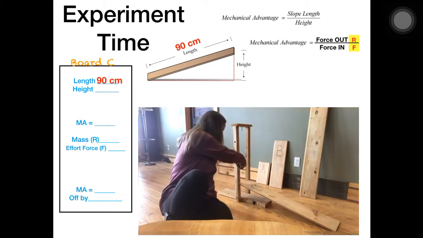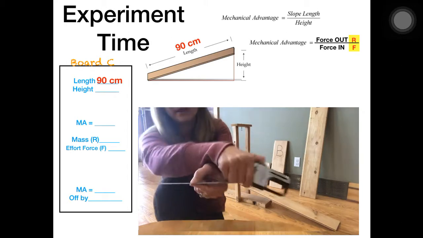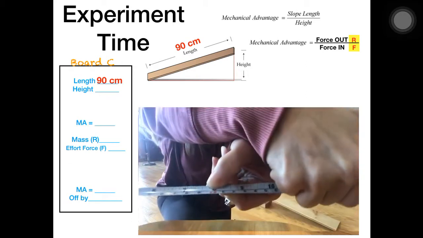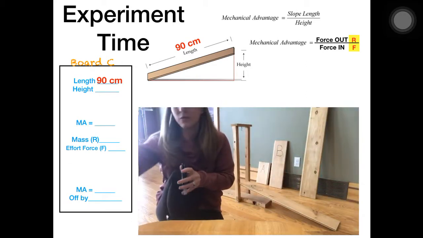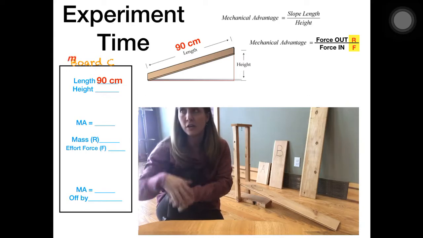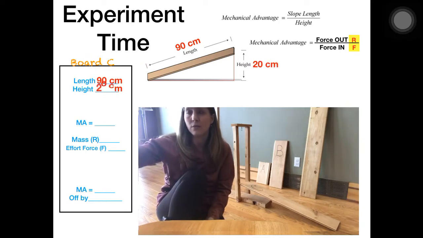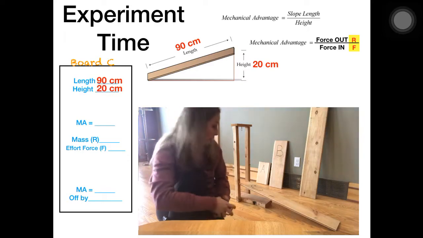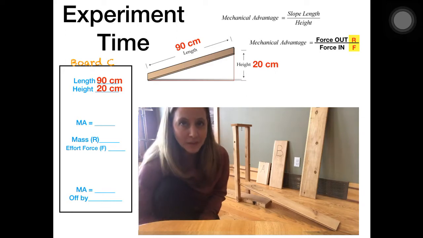We measured this the last time, and again it comes right up to 20 there, so we can fill that number in. So that number isn't going to change the height from here on out. It only changed whenever we went from the short little board that didn't get off of our stand here.